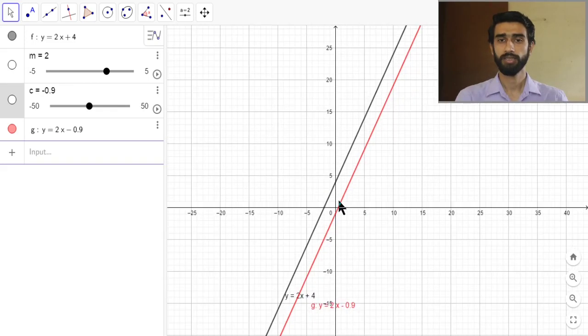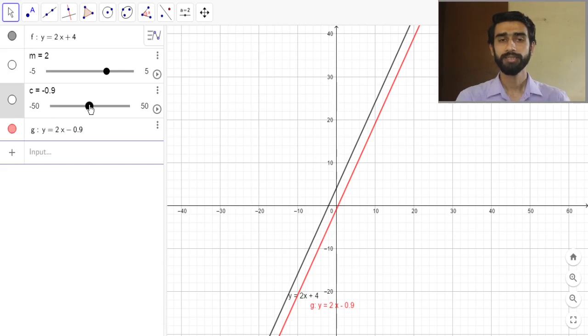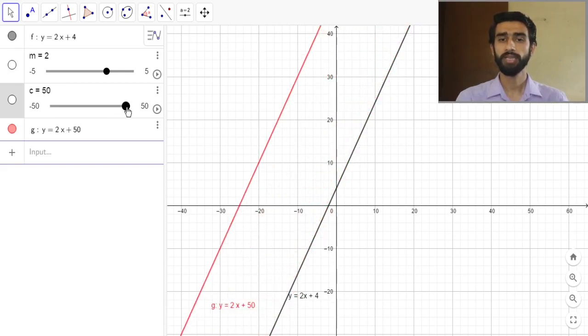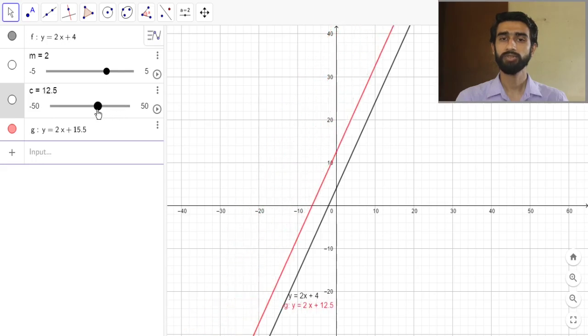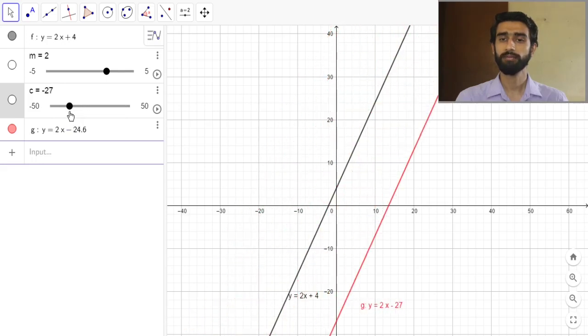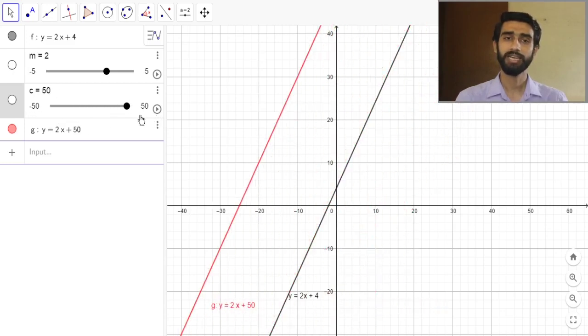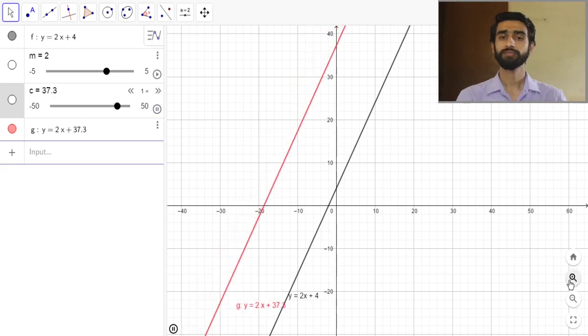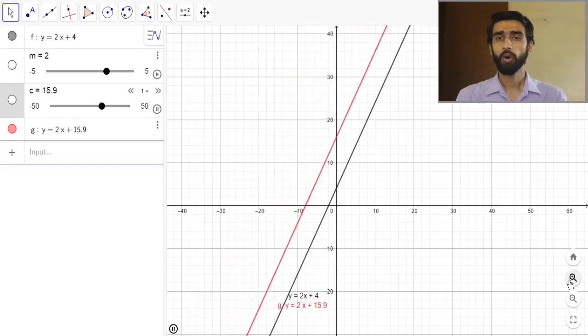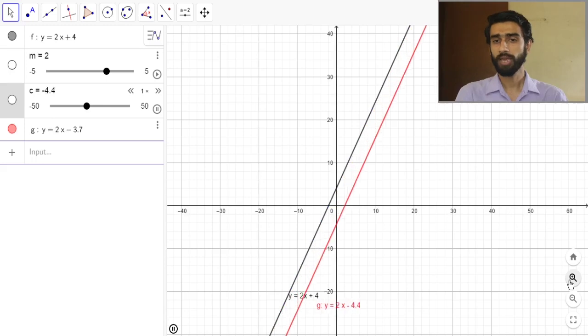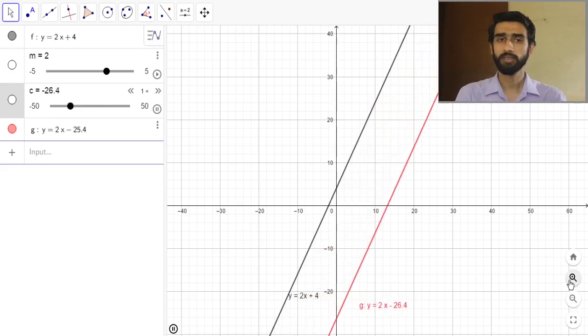Now you can see these two lines. It is saying, give me the set of all lines which are parallel to my given line. So when I am changing c, all the lines I am getting are parallel to the given line, because the slope is the same. In that set, all lines of the form, m is constant but c is varying.